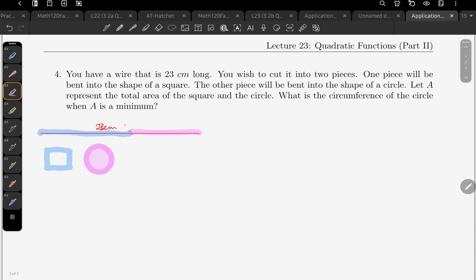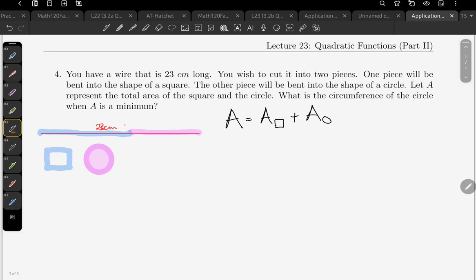The question says let A represent the total area of the square and the circle. So A is the area of the square plus the area of the circle. What will be the circumference of the circle when A is minimum?